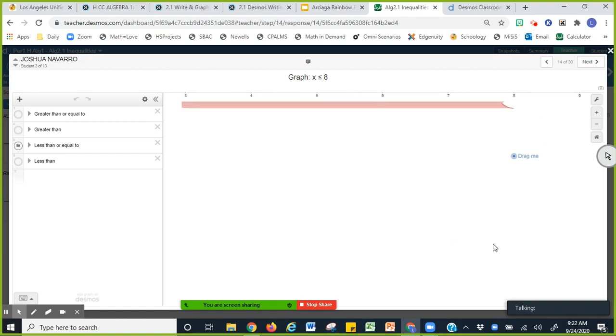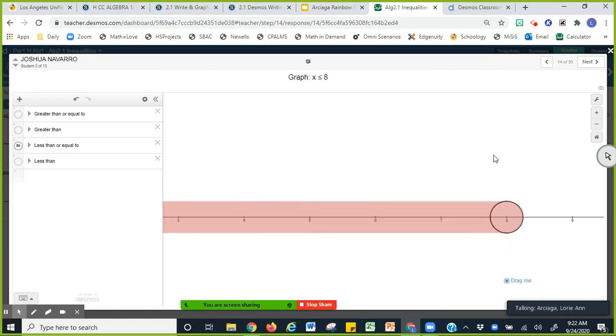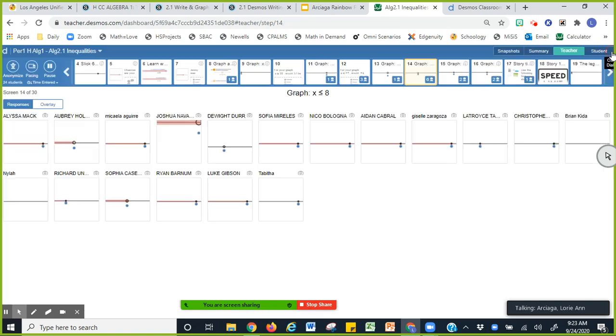Let me move it down so we can see it. You zoomed in too much, Joshua. I had to zoom out to see it. Okay, so very good. So negative 8 is shaded in, and then the graph is going to the left hand side. Nice.